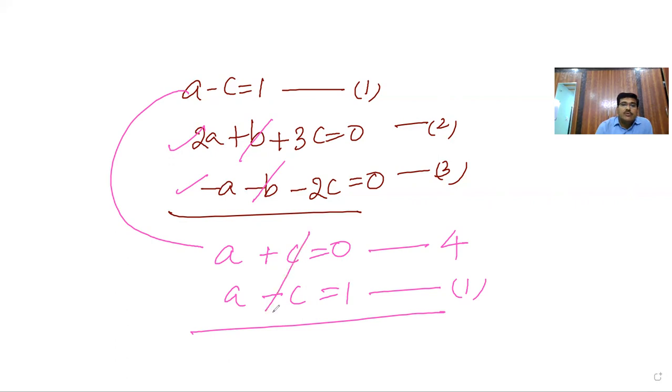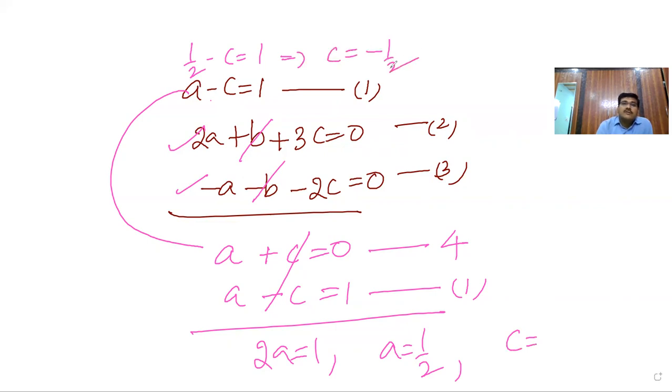If I add them both, 2A is equal to 1, A is equal to half. Back substituting A is equal to half in this equation, C is half minus 1, so C is equal to minus half. Okay. A is equal to half, C is equal to minus half.